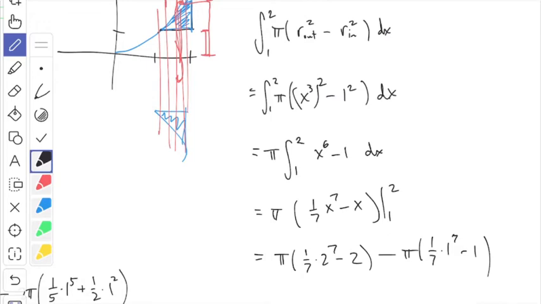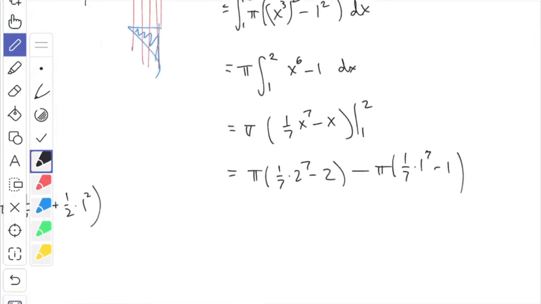Any questions about that one? Again, I would not expect you to simplify the answer any more than that, although I'm sure you could if you wanted to. I'm not into 1/7, I don't know about you. Or 2 to the 7. Sure, you can do that.